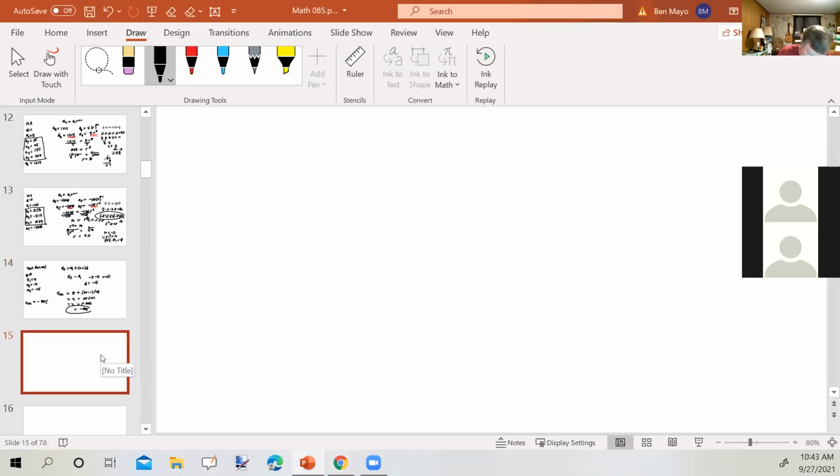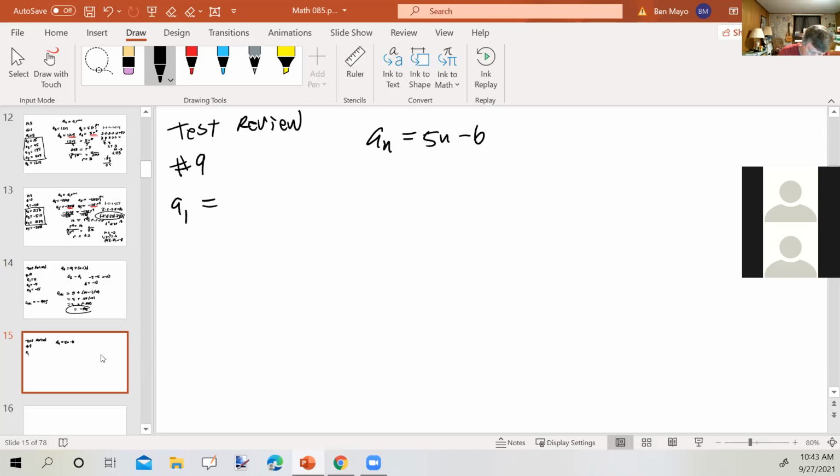Okay, so this is test review material, and this is number 9. It says, find the first 4 terms of the sequence defined by a sub n equals 5n minus 6. Enter your answers as a comma-separated list. Okay, so we are to find the first 4 terms.